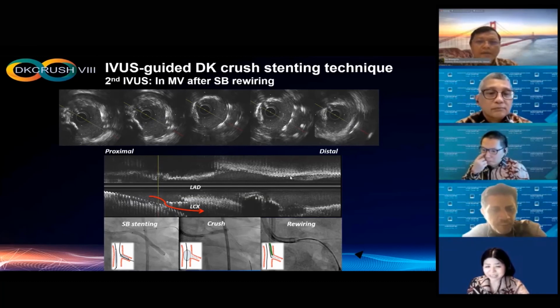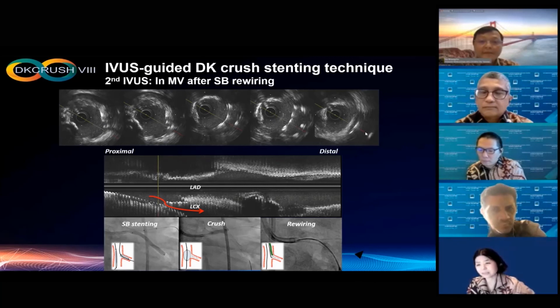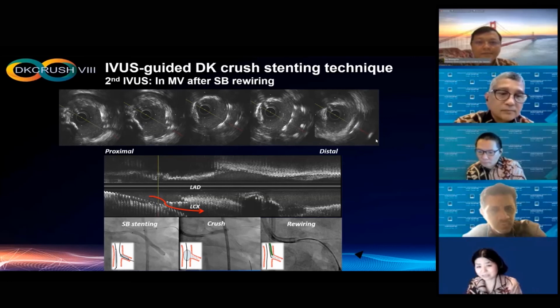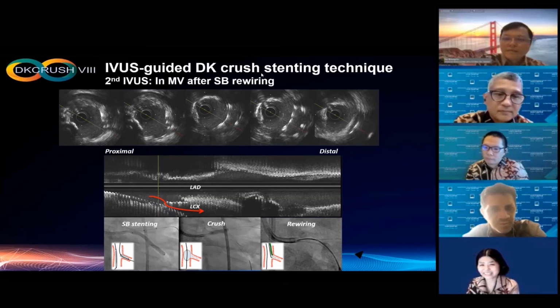So rotate the longitudinal view using the console, and then check the wire into the Circ. That's it. But this has to be done after the wire, but before ballooning. And if you see the wire is too distal, you can rewire and then check again. That's the tip and trick.